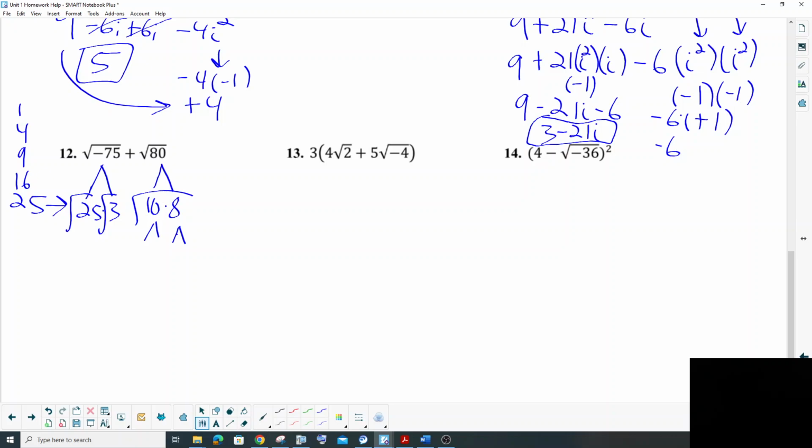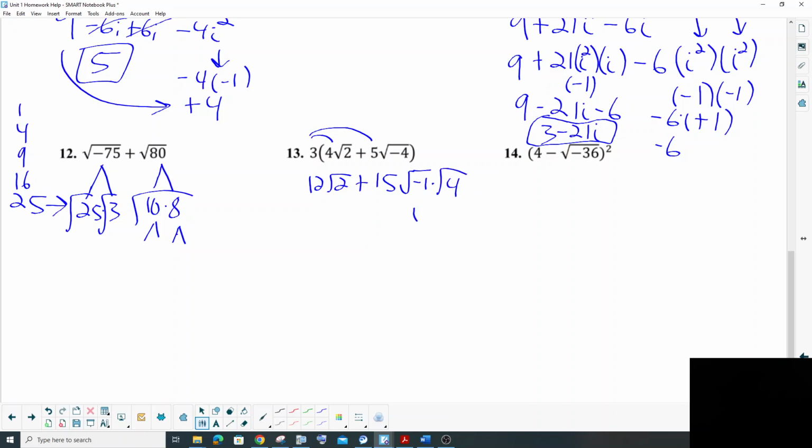Okay. So we're going to distribute the 3 through first. So we get 12 radical 2, and 15. 3 times 5 is 15. And then technically, you guys, there's a visible -1 there. That's a -1 times 4, and they're both square rooted.